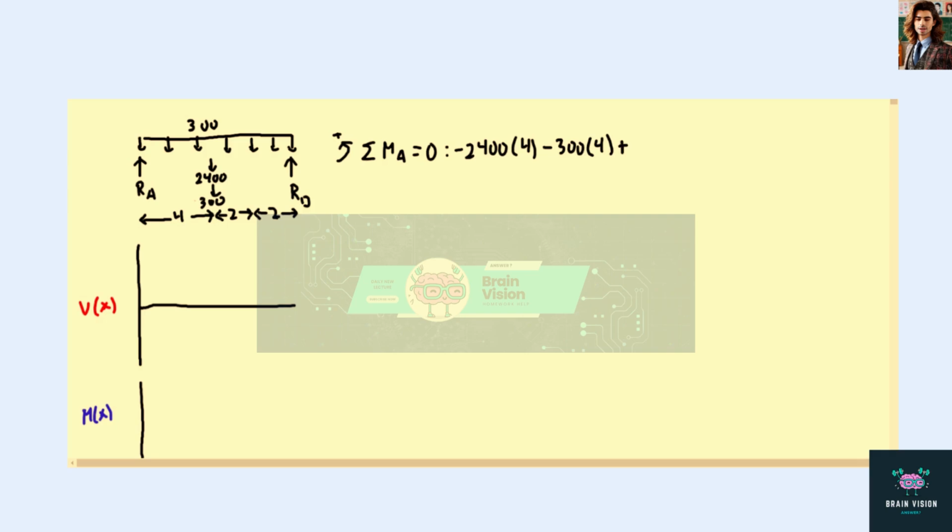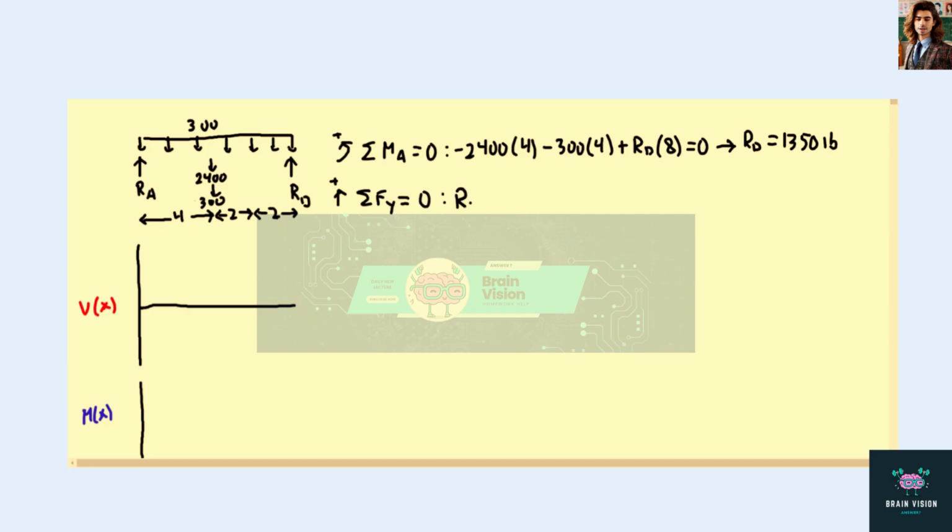And we've got our reaction at D with an arm of 8. Right, and if we solve that for the reaction at D, we get 1,350 pounds.